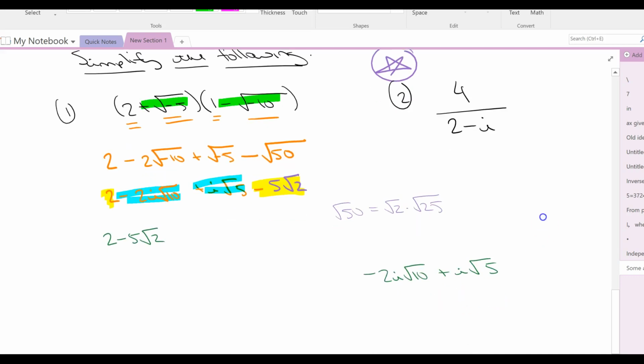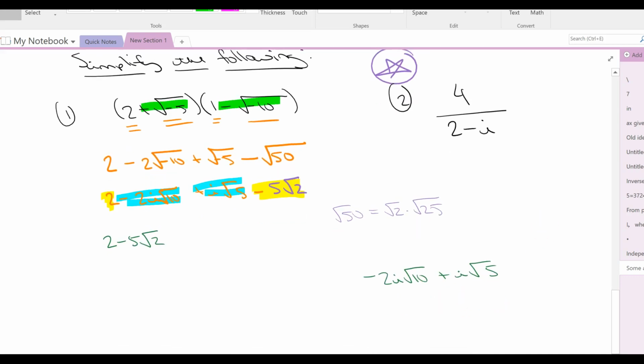These are like terms. You can even, if you want to, just think about i here as a variable instead of thinking of it as root negative 1. And here's the question. If I ask you, how many i's do you have? Well, you really have negative 2 root 10 plus root 5 i's. Do you understand?